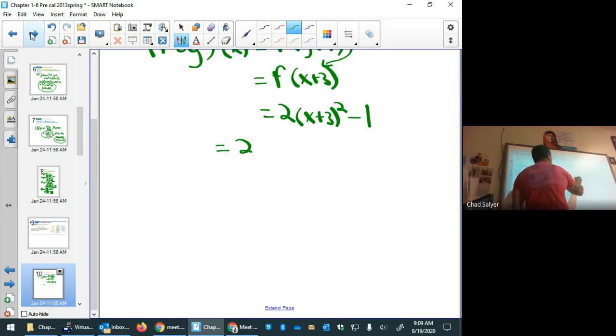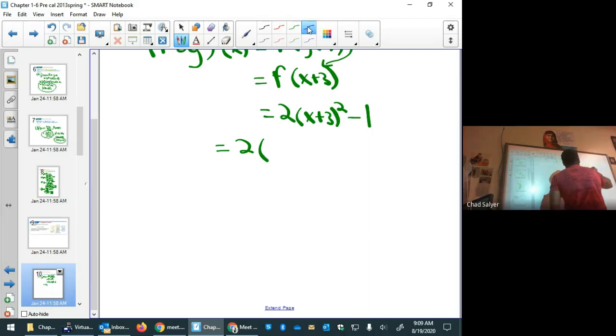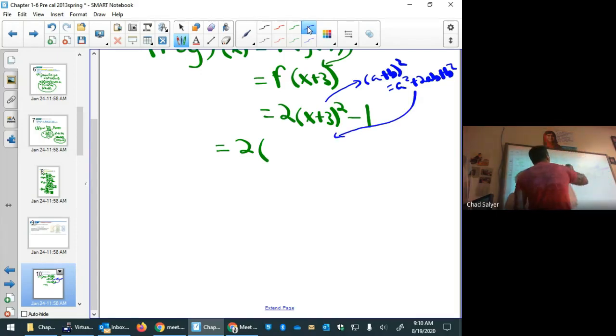So that's going to be 2 times, and remember, it's a little shortcut here. a plus b squared is equal to a squared plus 2ab plus b squared. So we can use that as a little shortcut, and that's x squared plus 6x.